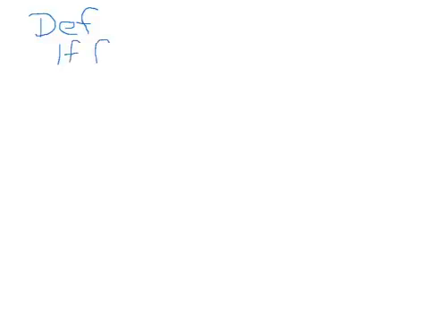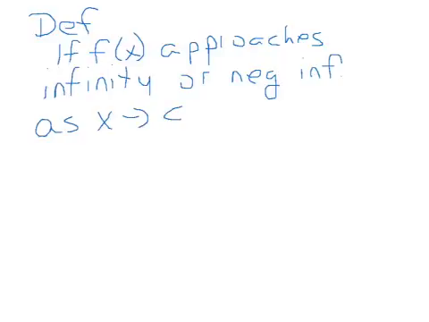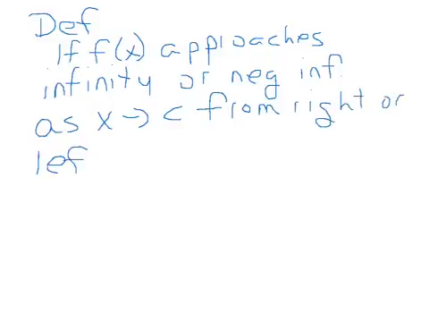If f of x approaches infinity, or negative infinity, as x approaches c from the right or the left, then x equals c is a vertical asymptote.